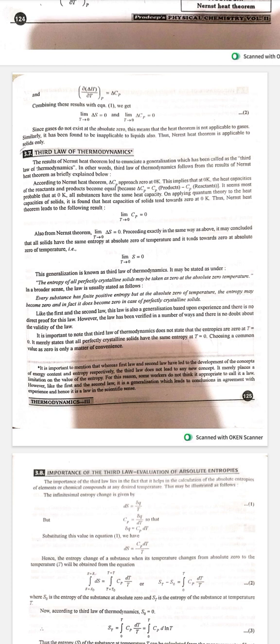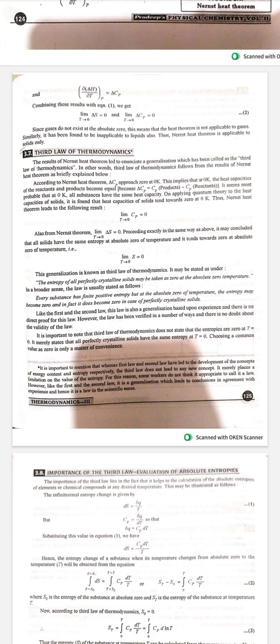It seems most probable that at 0 K all substances have the same heat capacity. On applying quantum theory to the heat capacities of solids, it is found that the heat capacity of a solid tends toward 0 at 0 Kelvin. Thus, the Nernst heat theorem leads to the following result: the limit as T tends to 0 of Cp is equal to 0.